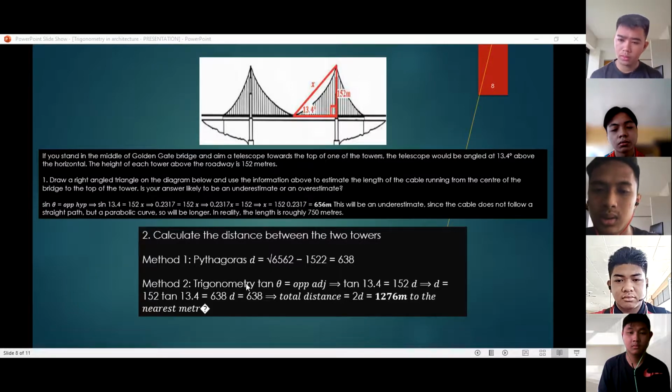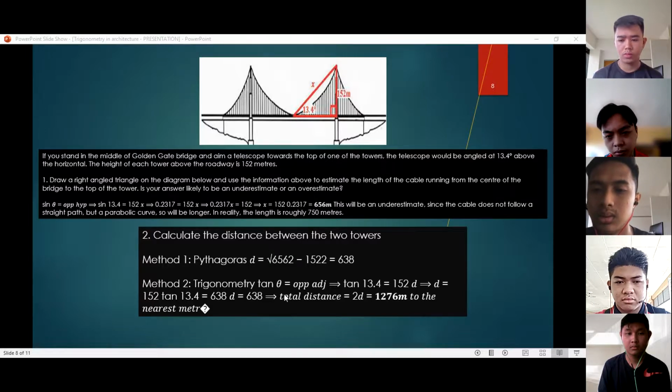For method 2, we will use trigonometry: tan theta equals opposite over adjacent. So tan 13.4 degrees equals 152 over x. The answer for tan 13.4 degrees is 0.2382, equals 152 over x.